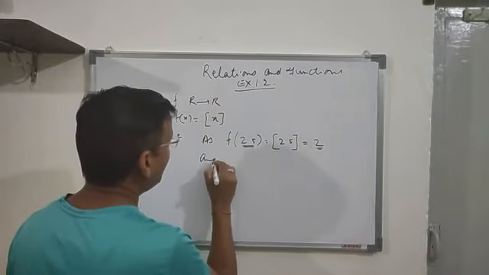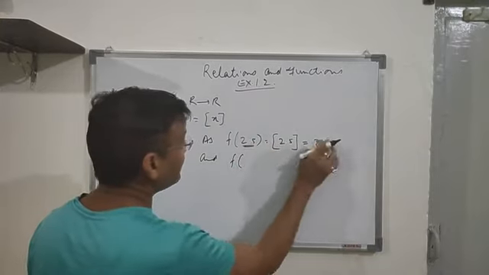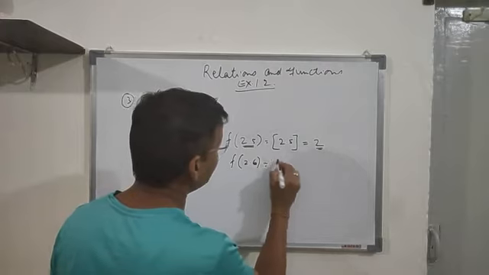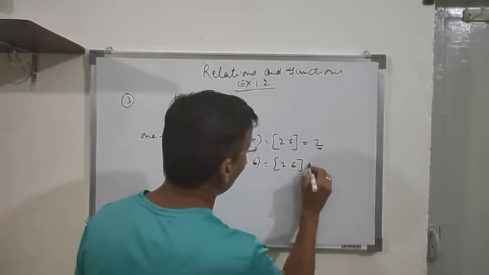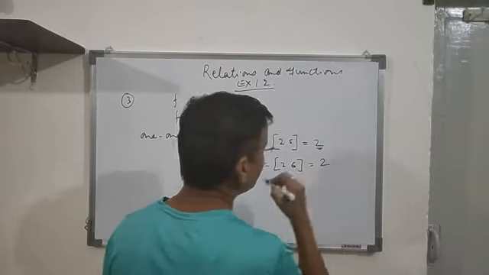And let's see one more example, one more element which is having the same image. If I take f(2.6), by using the definition of a greatest integer function, again I will be getting the image.